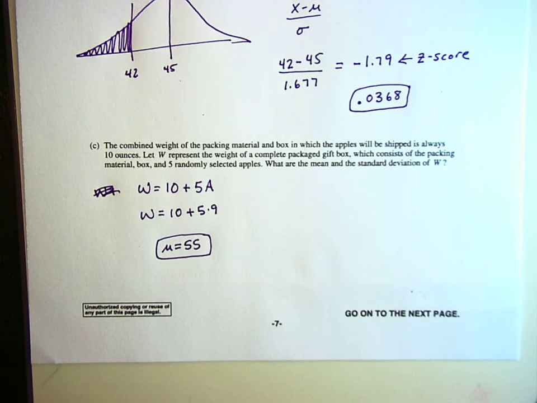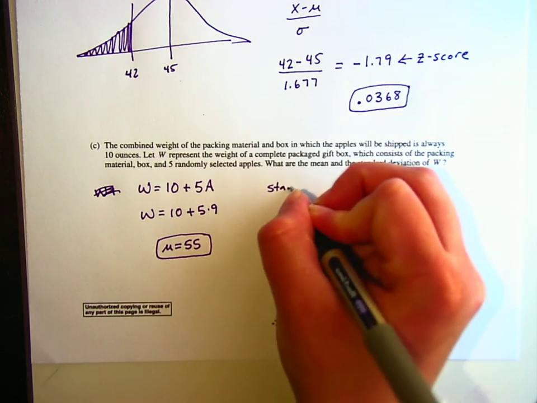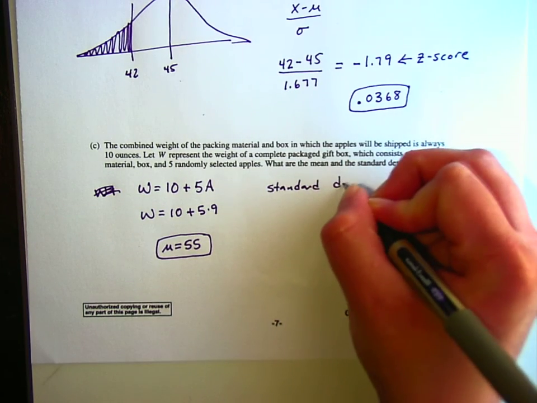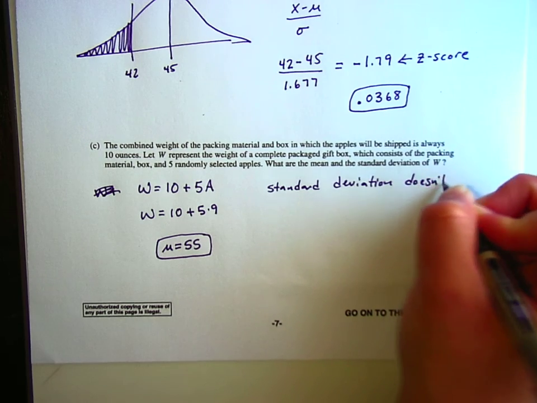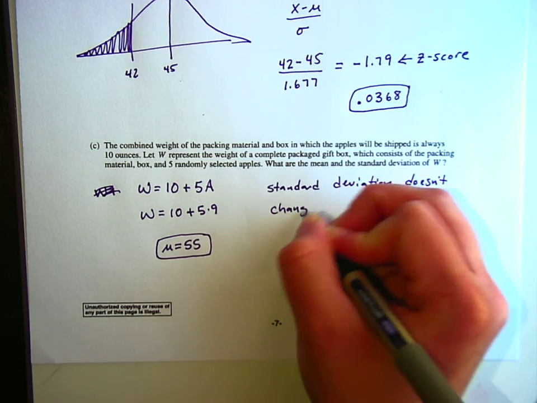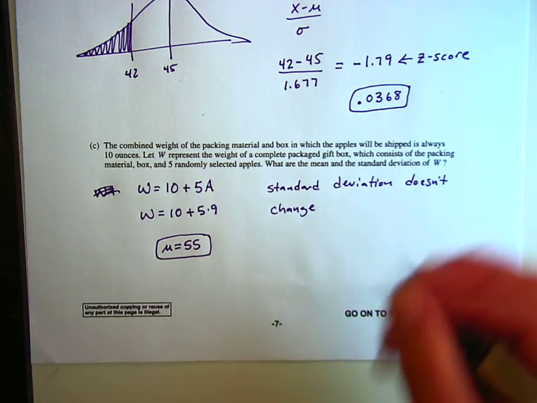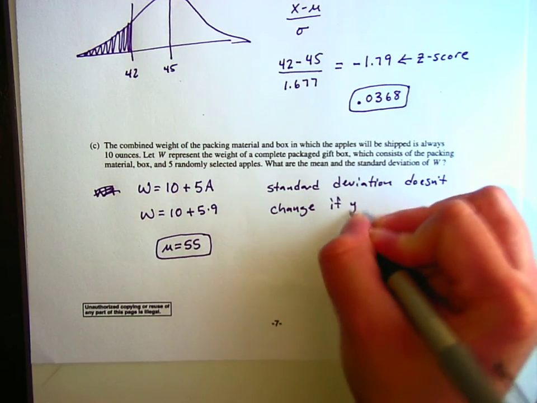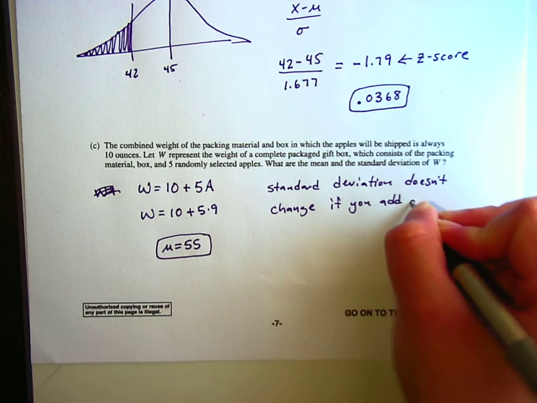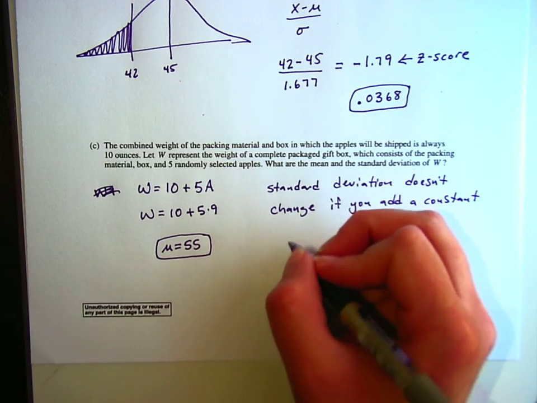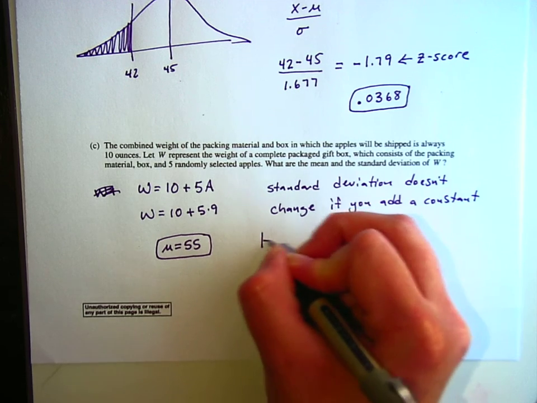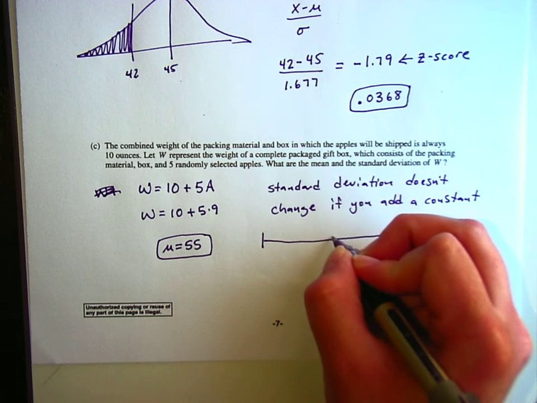As far as standard deviation, and this is important, standard deviation doesn't change if you add a constant. By constant, I just mean a regular number, nothing with a variable. So for example, I'm not going to make this a confidence interval, but I am going to kind of show you here.